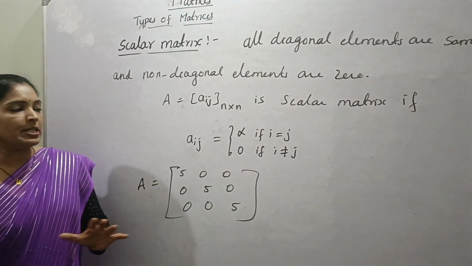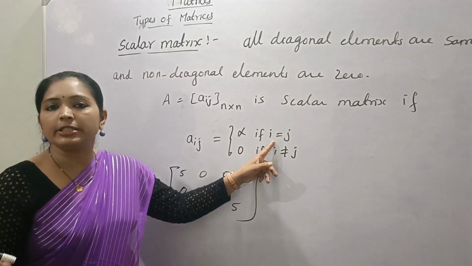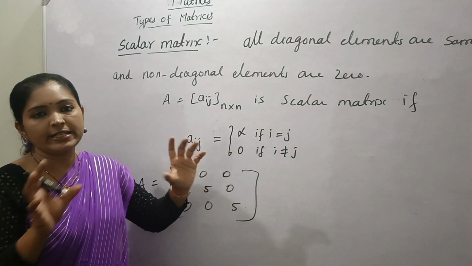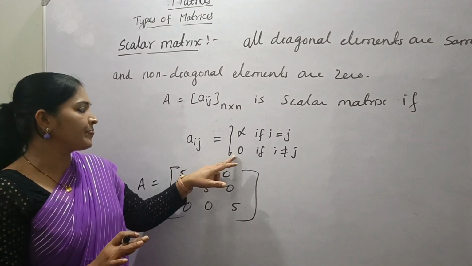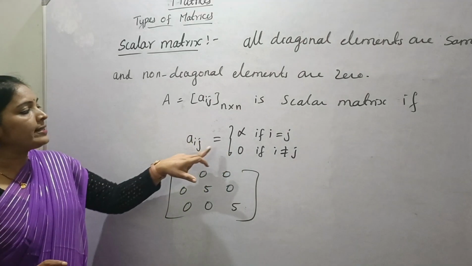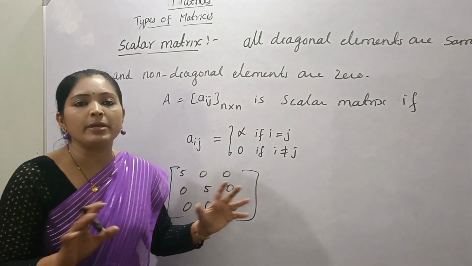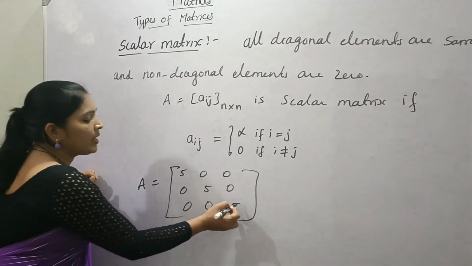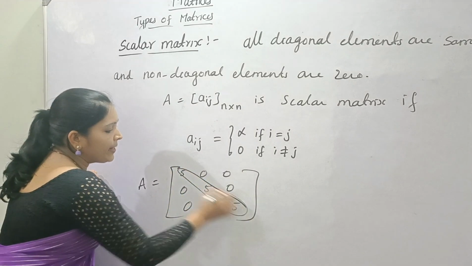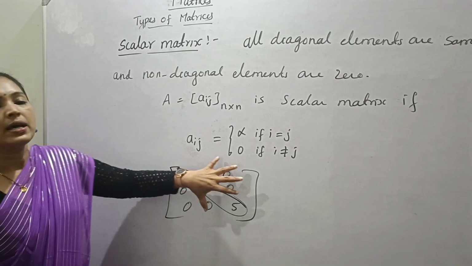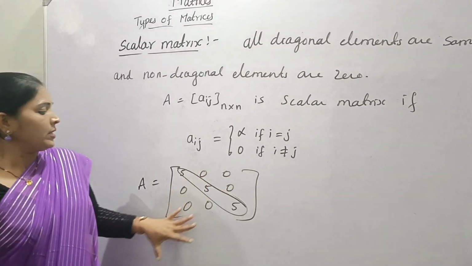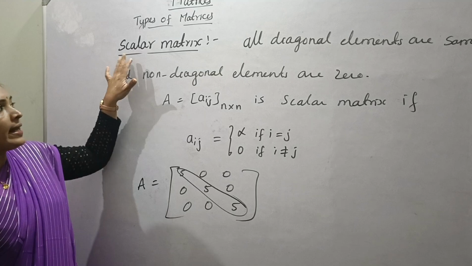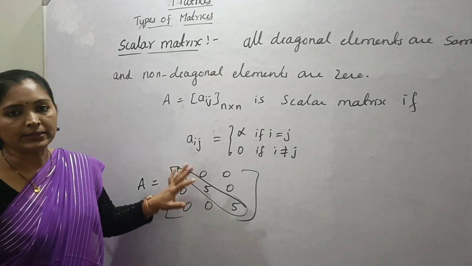All the diagonal elements means here i must be j, right? So if i is equal to j, Aij is equal to alpha, a constant number. Aij is equal to 0 if i not equal to j, which means all non-diagonal elements are 0. These are the diagonal elements, so except these elements everything is 0. So the matrix A is a scalar matrix of order 3.